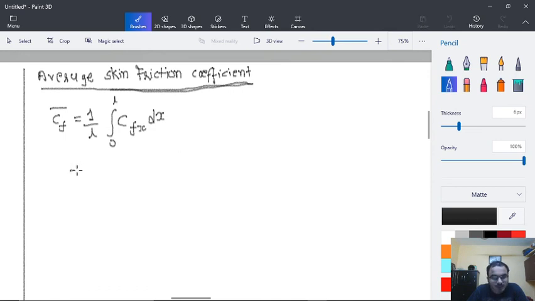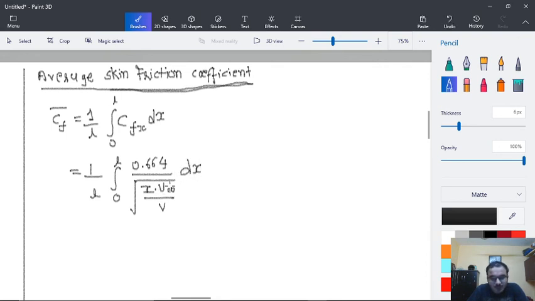So here finally what we will be getting is 1 upon L integration 0 to L of 0.664 divided by square root of x into u infinity over mu, and here dx.